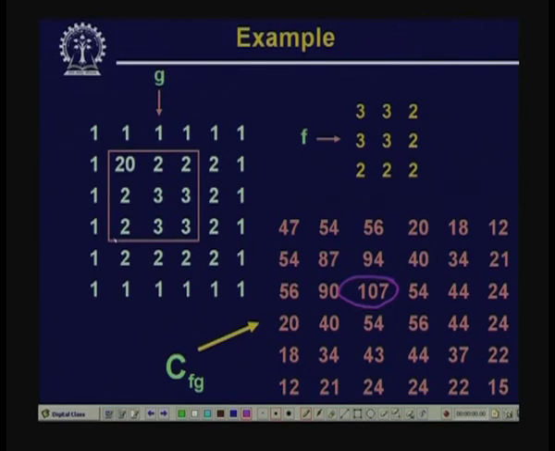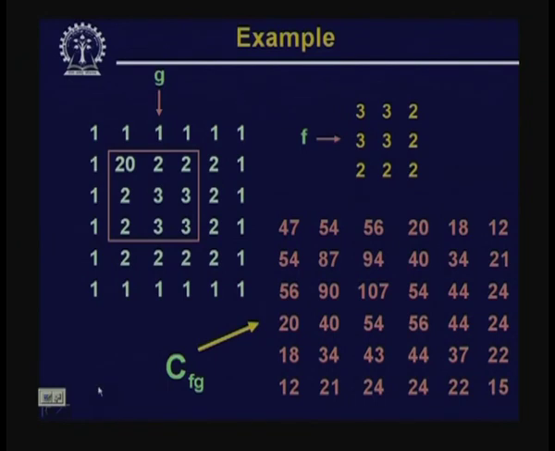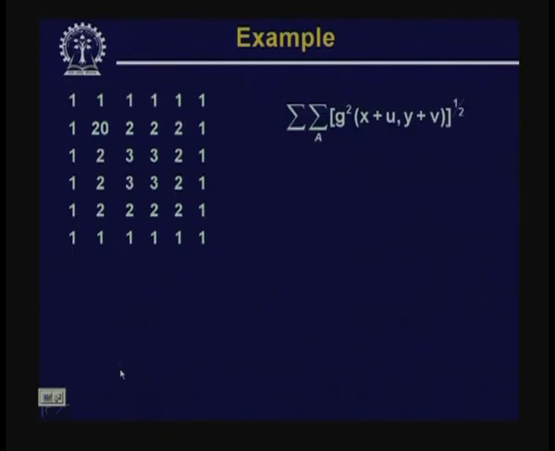But that is not the case, because if I just check visually, we can see that the template is best matched in this location. So, that is why we said that the cross correlation measure cannot be used directly as a similarity measure.